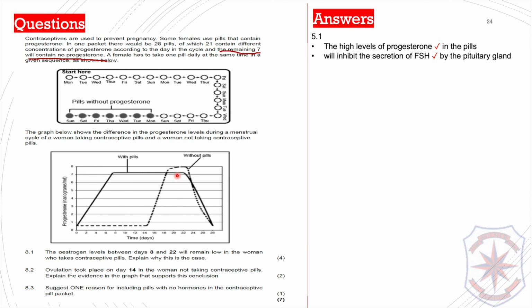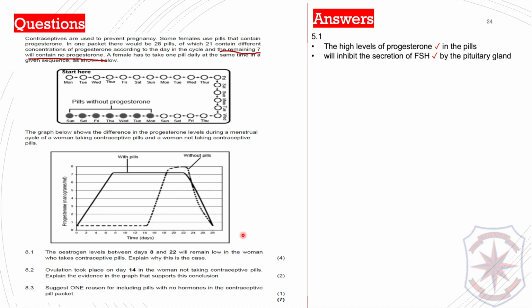It means those pills from day 8 to day, let me just check, 24, yes, contain the same concentrations of progesterone. And then remember, the last 7 days, those pills are pills without progesterone. Therefore, the progesterone levels will go down.